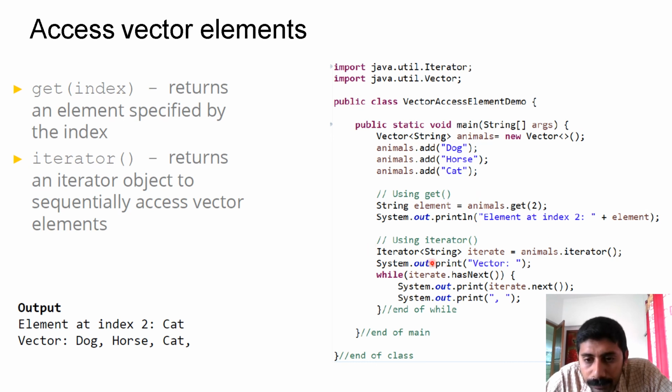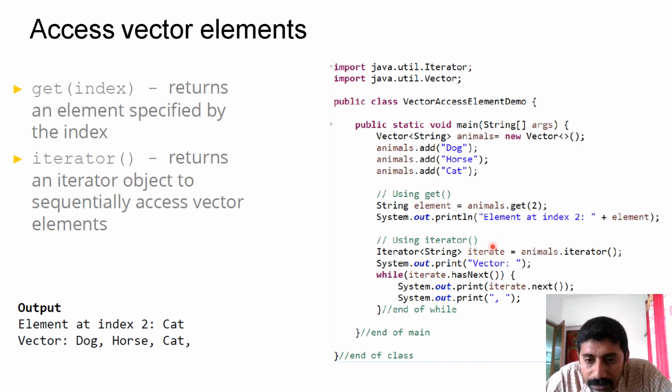Now using iterator, there is something called Iterator. We will learn that in detail in the third module. Just remember the syntax. First, from the vector I have to get the iterator. Iterator, element type is String, then the reference: Iterator reference equal to animals.iterator().